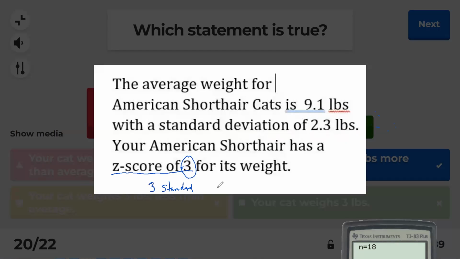Standard deviations above average. Okay, so if it's 3 standard deviations above the average, then that's 9.1, our average, plus 3 standard deviations. So 2.3 plus 2.3, plus 2.3.